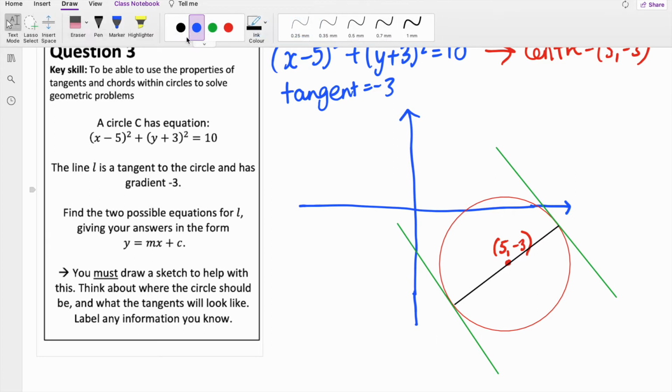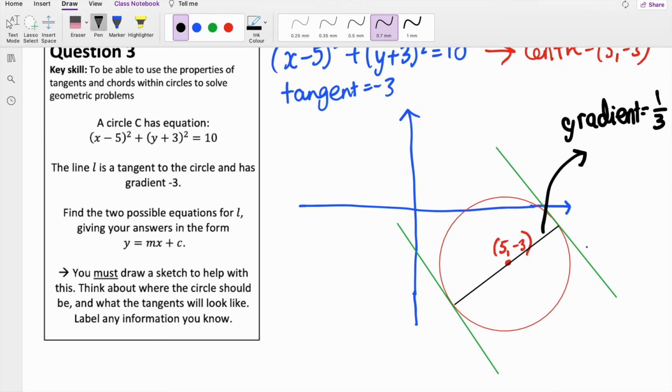The gradient of the tangent is -3, so the line I've just drawn must have a gradient of 1/3. For perpendicular lines the gradients multiply to give -1, and -3 times 1/3 is -1.